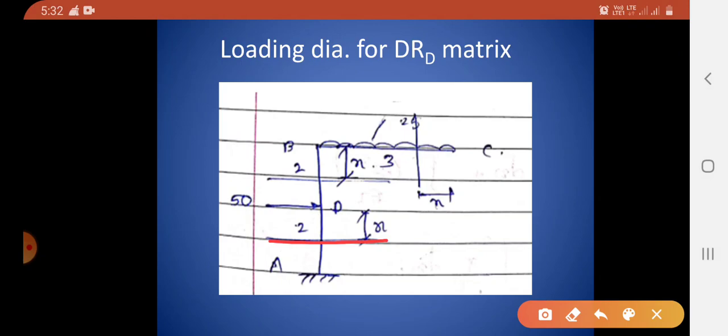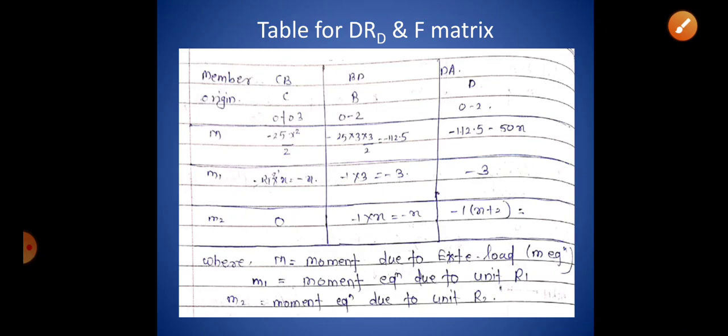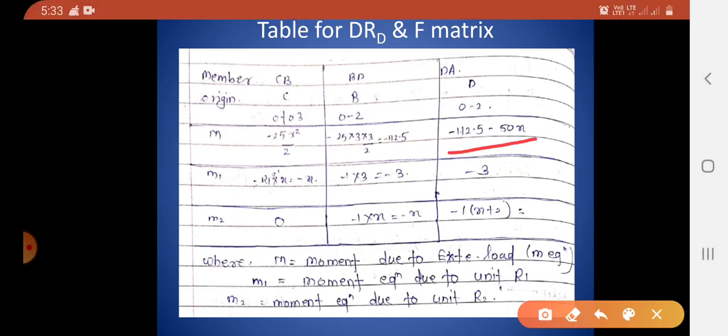Again this UDL is causing minus 112.5 bending moment, as in the already discussed part for BD. Now the additional load is a 50 kilonewton point load, and this is again causing a right clockwise, hogging moment. Therefore this 50 kilonewton load will cause a moment of magnitude W into X, that is minus 50 into X. So here it is written minus 112.5 minus 50x.